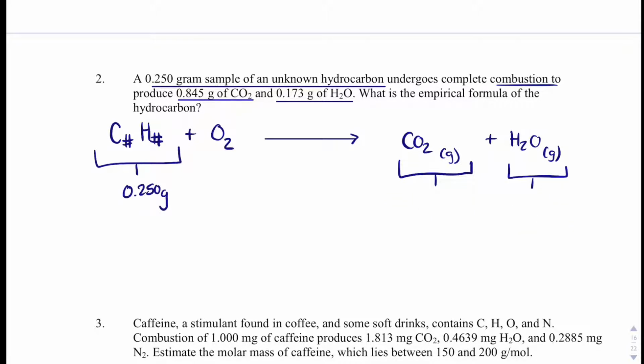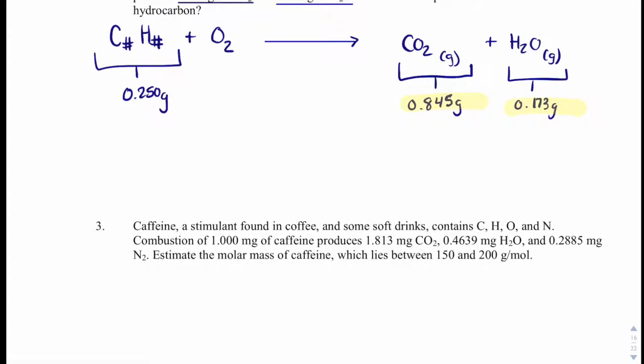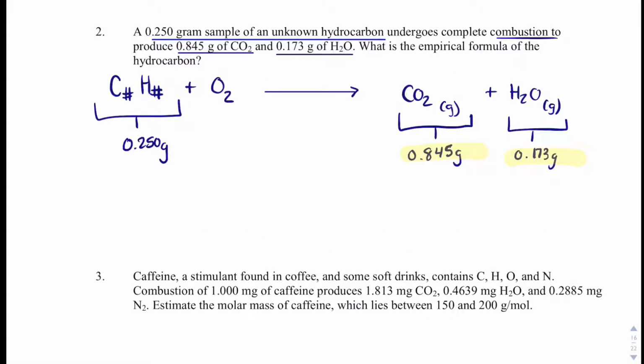0.250 grams. We produce 0.845 grams of CO2 and 0.173 grams of water. I really only care about my CO2 and my water data. So I'm going to take 0.845 grams of CO2 and get it to moles.